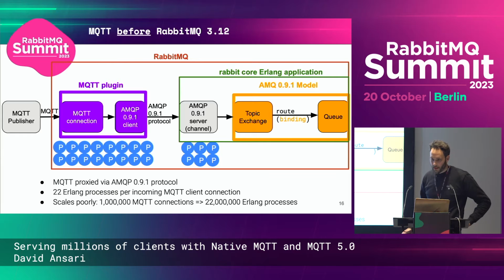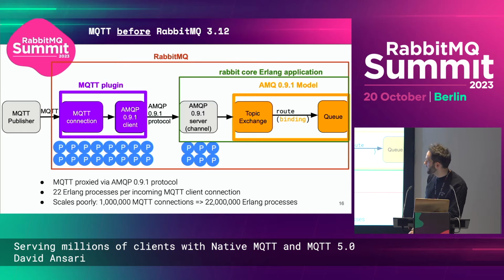Right, so this is RabbitMQ before native MQTT was supported, so up to 3.11. And the picture looks a bit complicated and heavy, and this is also how the implementation was. Every blue dot P here is an Erlang process.